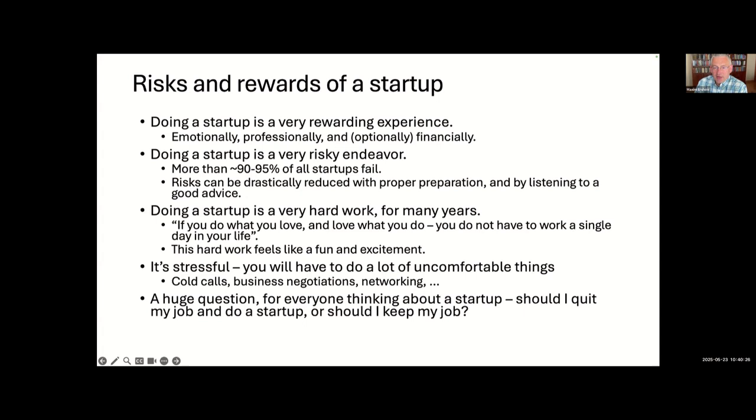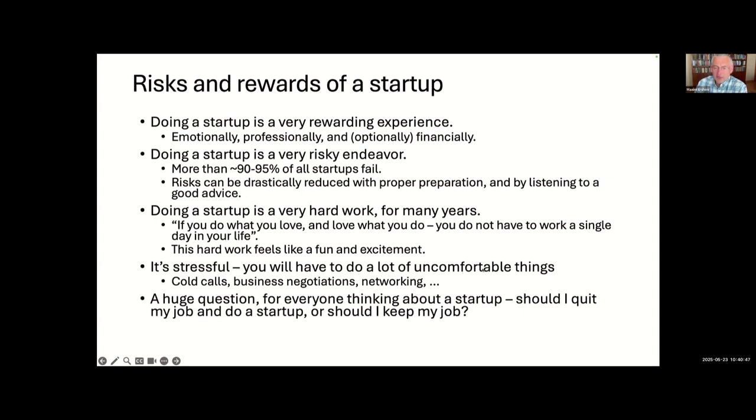Doing a startup is very hard work for many years, almost 24/7. However, I like the saying that if you do what you love and love what you do, then you don't have to work a single day in your life. So this hard work feels like fun and excitement. Also, doing a startup is quite stressful.